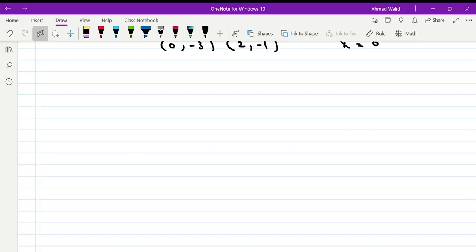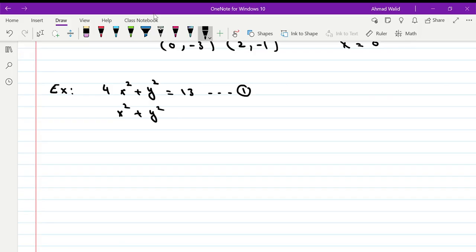Now we're covering examples where both equations are nonlinear. For example, 4x squared plus y squared equals 13, equation number 1, and they give you another one, x squared plus y squared equals 10.